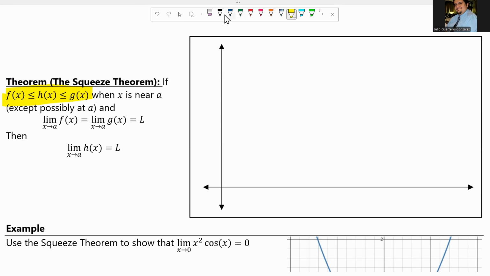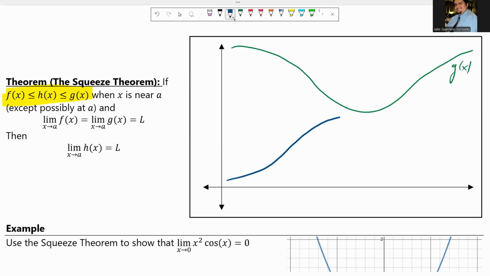So let me draw it real quick. Here's g of x, this is the big one. There's h of x, this one. Well, this is g of x, sorry. Suppose there's another one that's smack dab in the middle. It can be whatever it wants.